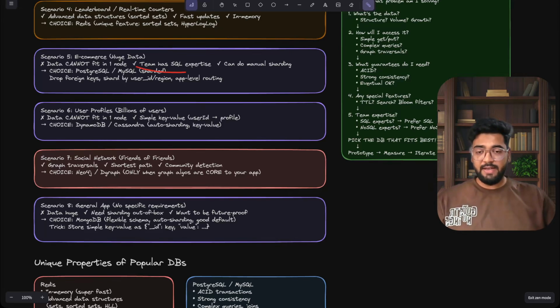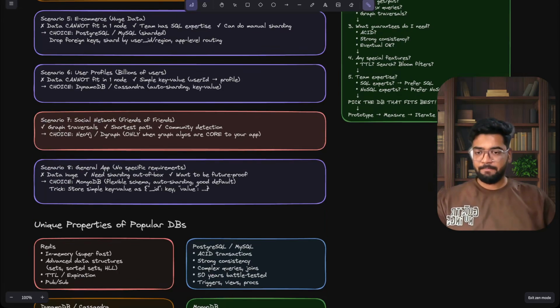And if the team has SQL expertise, then we can go with the SQL databases, because we can have manual sharding, and we can drop some of the constraints like foreign key checks, etc. If not, we can choose some other document DB, which is a NoSQL database quite similar to relational databases.